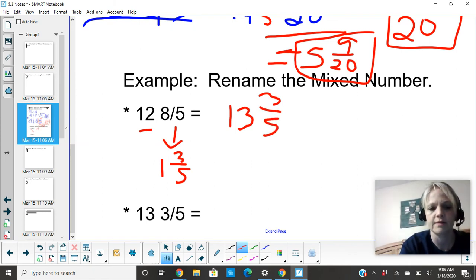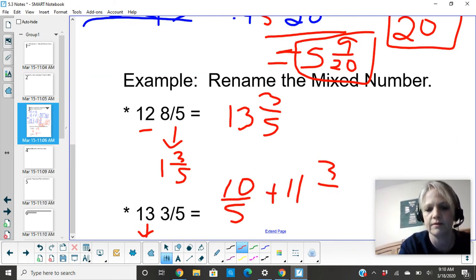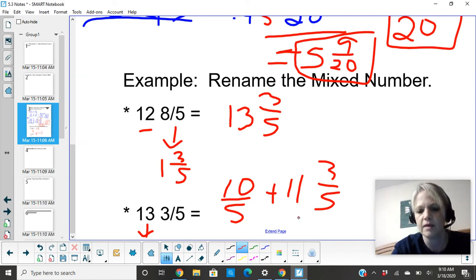Or we could say, hey, that's 10 over 5. That's 2 plus 11 and 3/5. So that could be 11 and 13/5.